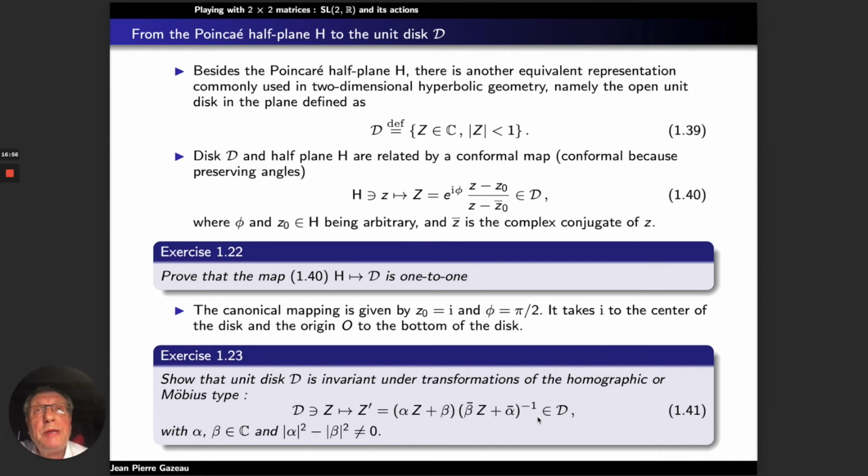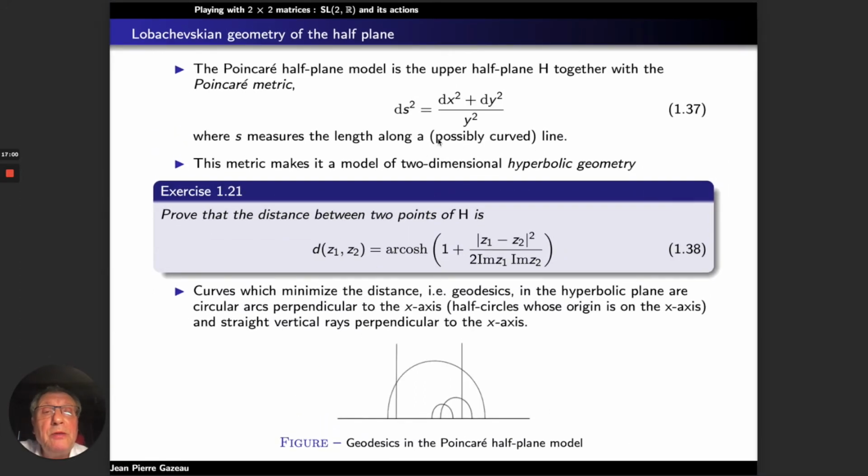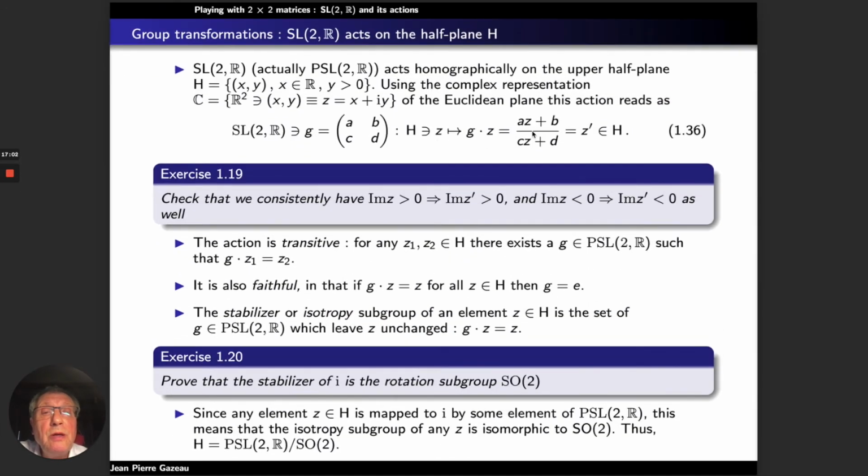And this geometry actually is left invariant with respect to the action of SL2R or PSL2R on the half plane, exactly like the Euclidean geometry is left invariant under rotations and translations.